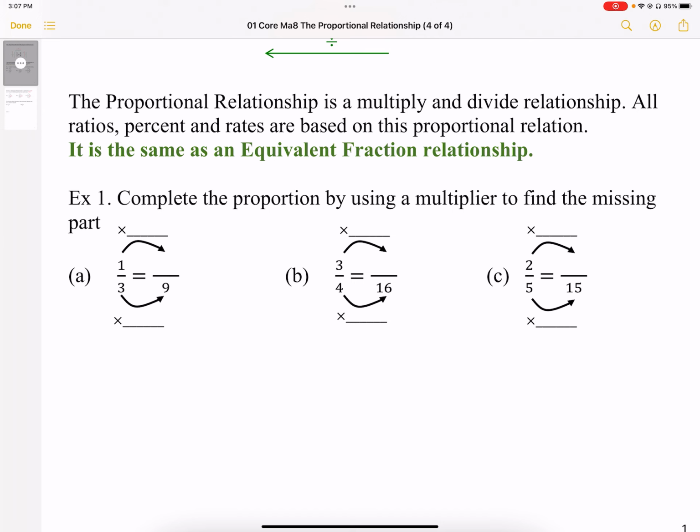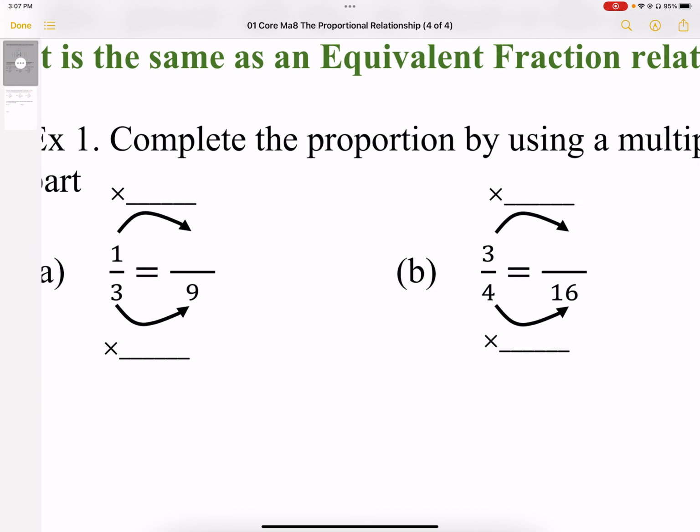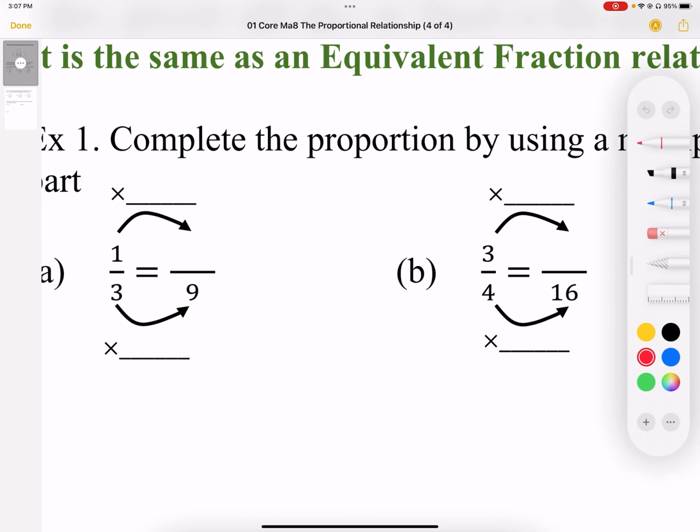So for example, when we have 1/3 and we want to convert it to a fraction out of 9, we're going to find our multiplier between those two numbers. So when we take a look at the multiplier between 3 and 9, to find the multiplier, we divide. Dividing the 9 by 3, I end up with 3.